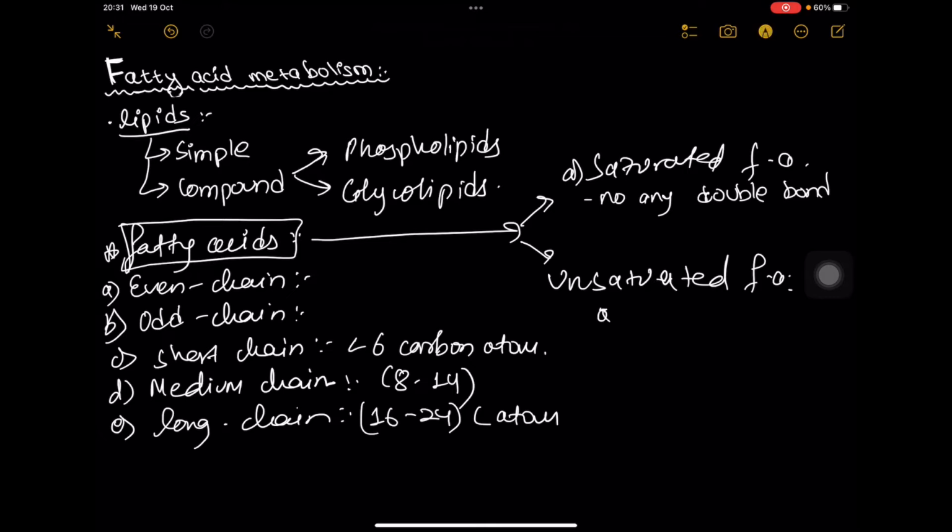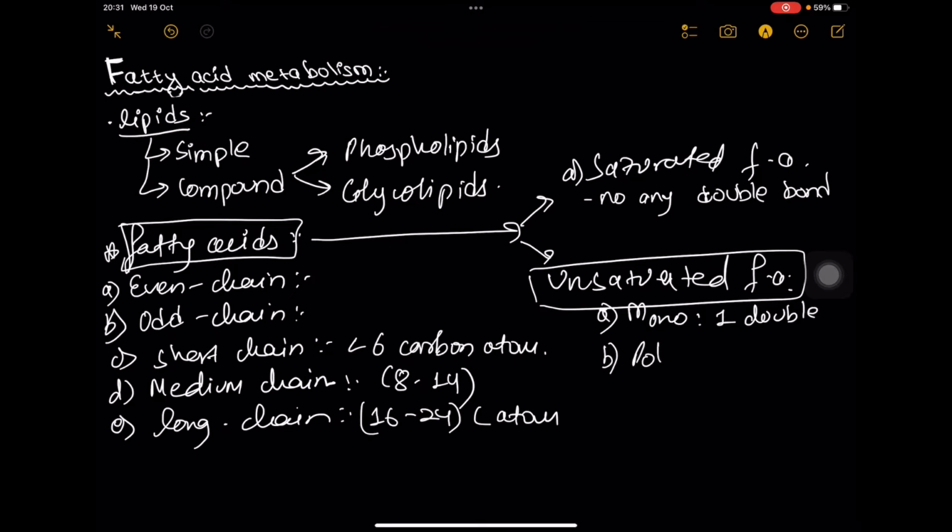We can again classify the unsaturated fatty acids, which have a double bond, into monounsaturated fatty acid and polyunsaturated fatty acid. Monounsaturated fatty acid has one double bond, and in the case of poly we have more than one double bond.